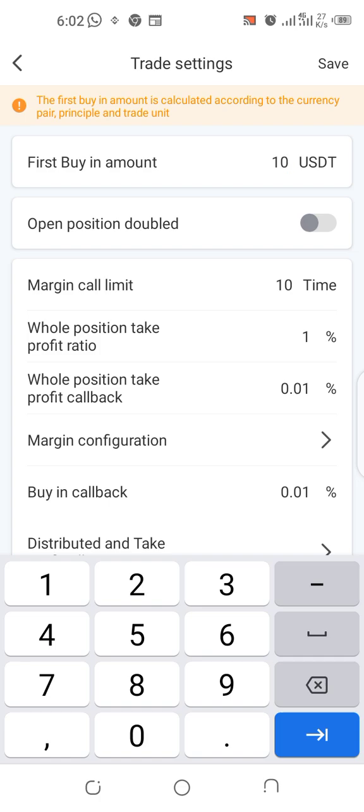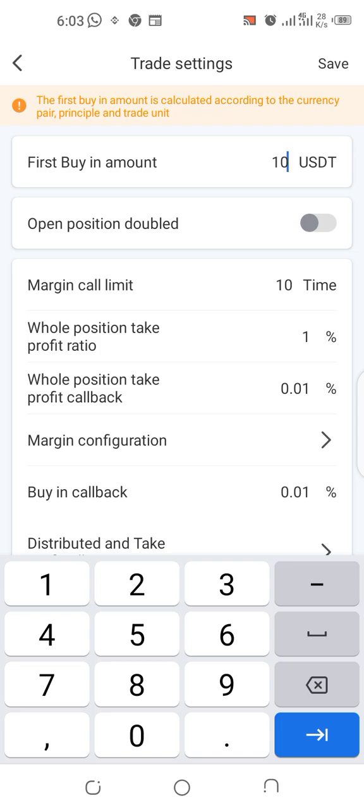Of course, usually it will not do exactly 10 because it depends on the product of multiplying the minimum number of units of that coin and the cost of that coin. It might do 10.1, 10.2, 10.5, sometimes 11 or even 12, but it can't be less than 10. So you just set 10, it will do its thing and buy the appropriate amount, the minimum possible amount, with not less than 10 USDT.